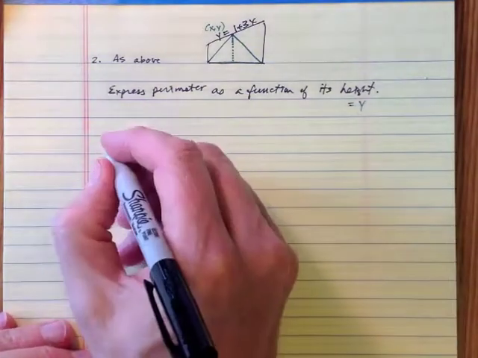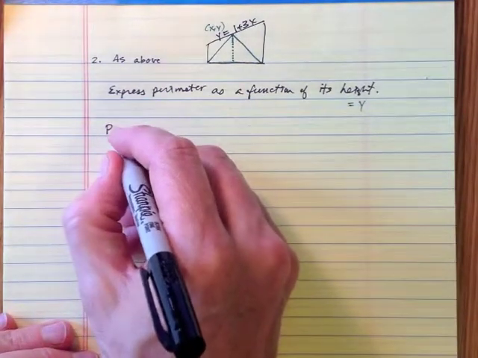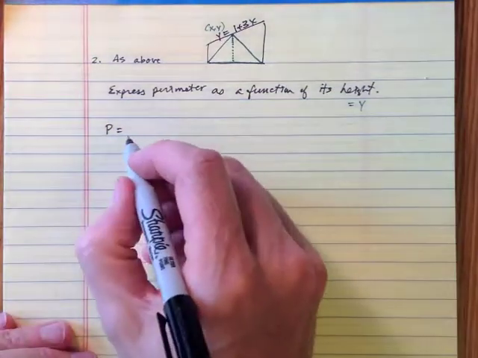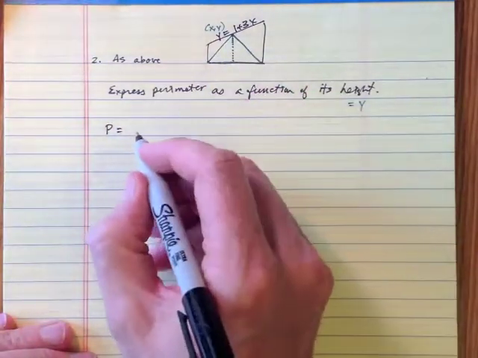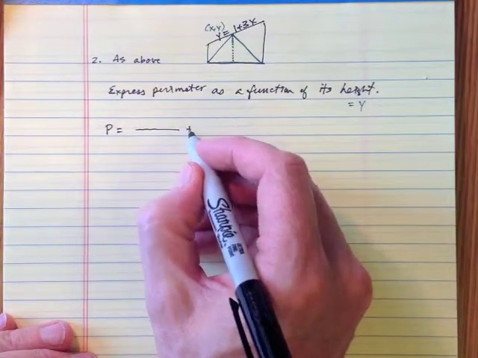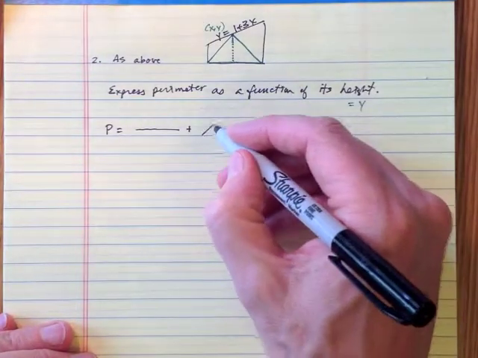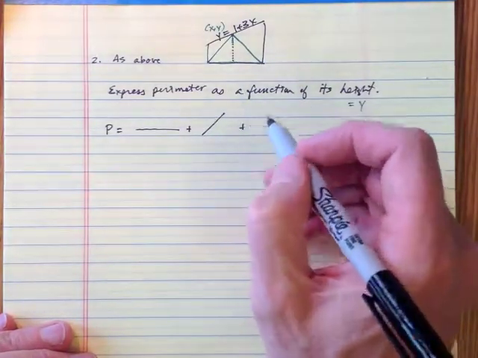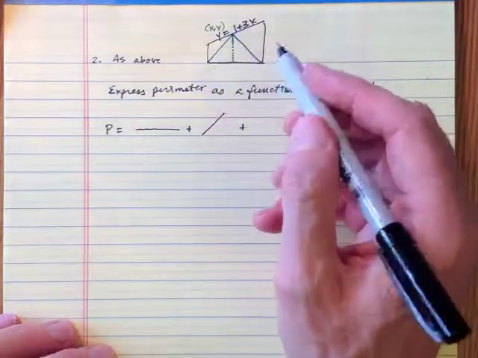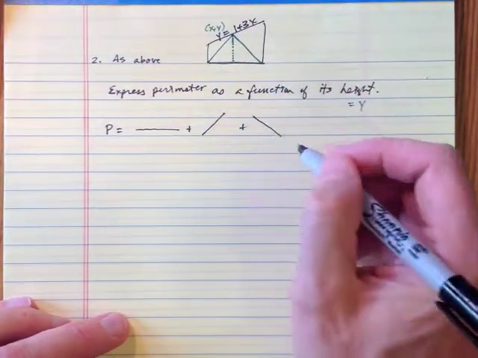So what's the perimeter? Well, the perimeter is the distance around a thing. So it's the sum of these three lengths: the bottom leg of the triangle, plus the length of that side with positive slope, and the length of that side that has negative slope.